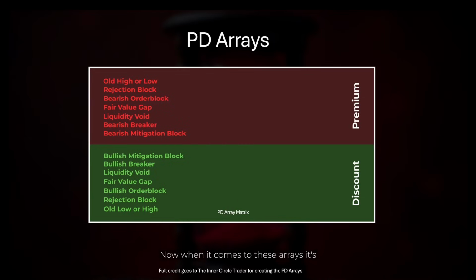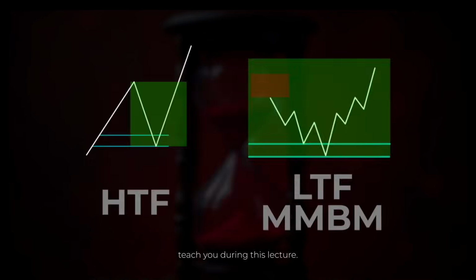When it comes to these arrays, it's important to note that we can blend these with time cycles and key levels to anticipate where swing points are going to form. And that is what I will teach you during this lecture.